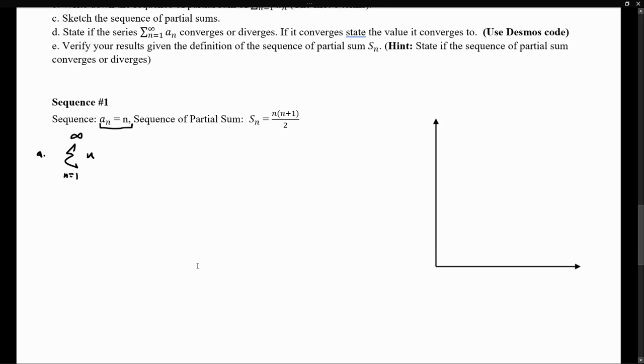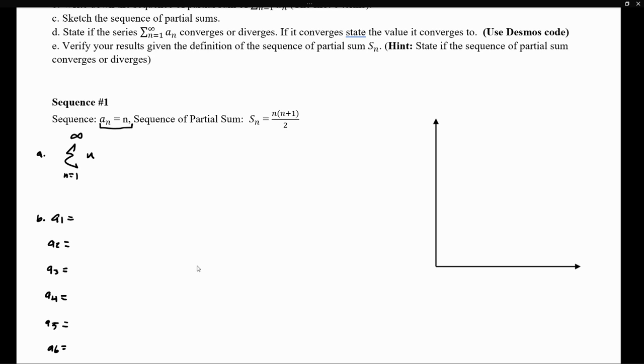Well, in order for us to write down the sequence of the partial sums, we need to know the value of the first, second, third. Let's go all the way to 6 one more time. But now notice that if the sequence is defined as just n, then the value of the term is just the term number.